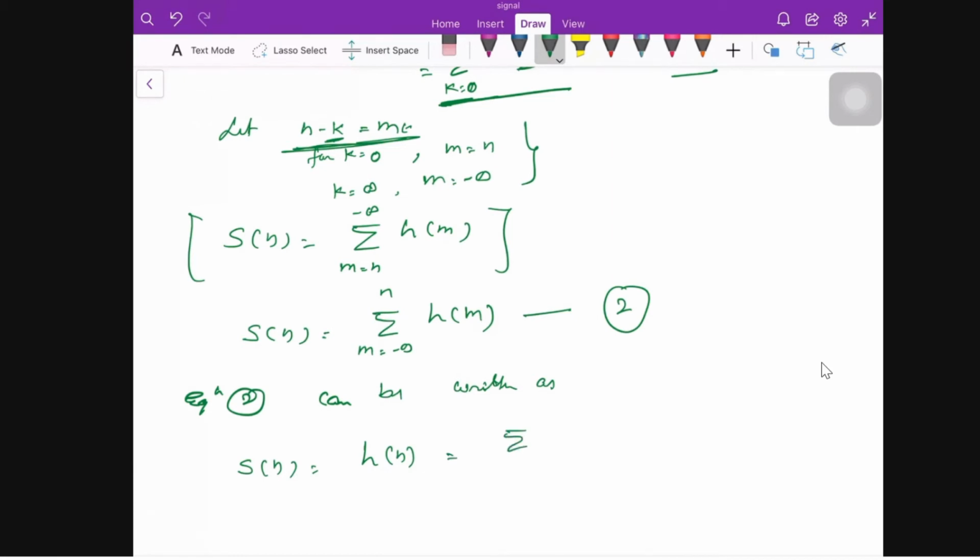Okay, let's see, we have taken out the nth value, so it will be plus the sum over m equal to minus infinity to n minus 1 of hm.